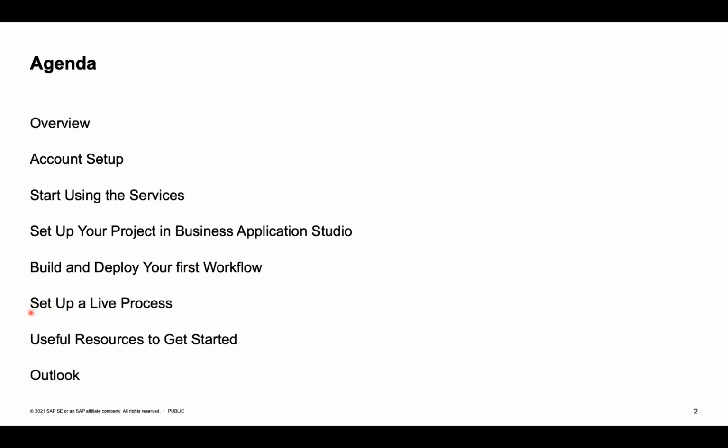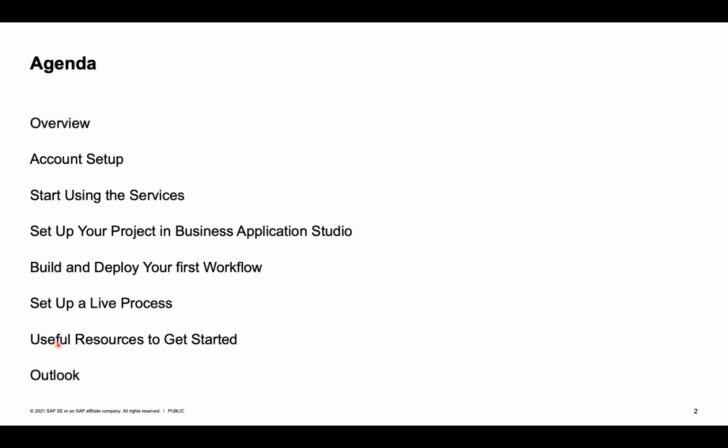Then we have a short slot about setting up a live process. So live process content, you might have heard. If not, that's pre-delivered content that you do not need to develop yourself, but you just use it as it comes and you can activate it. And we just have a look at it and what additional steps still might need to be taken in order to set up such a process.